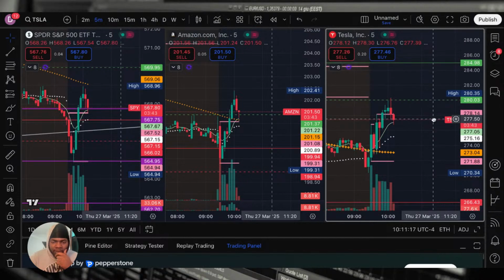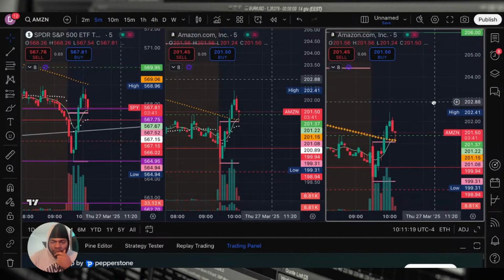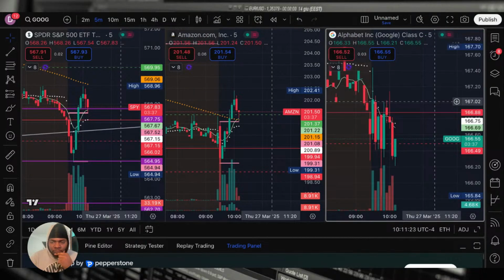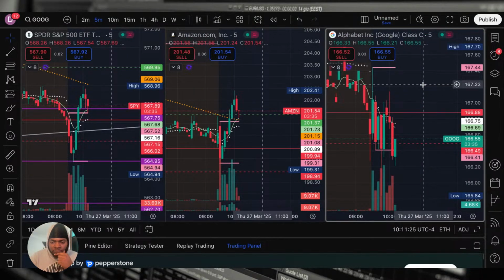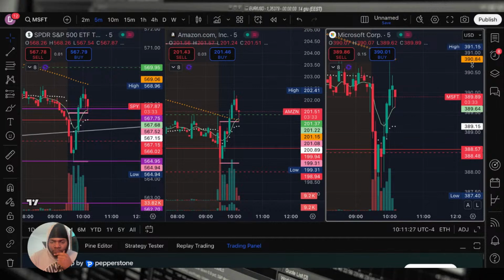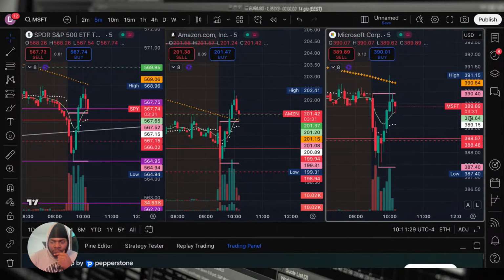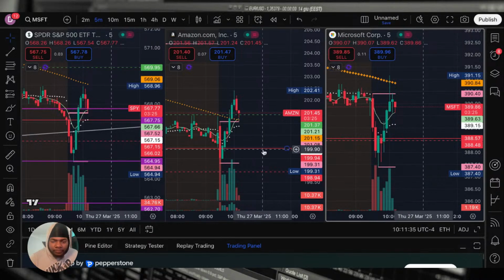Tesla pulling back. All right, we bouncing. See if we hold this right here.